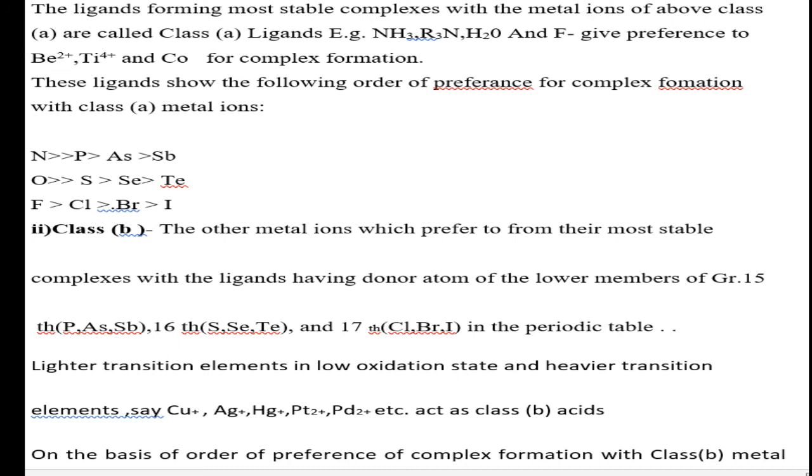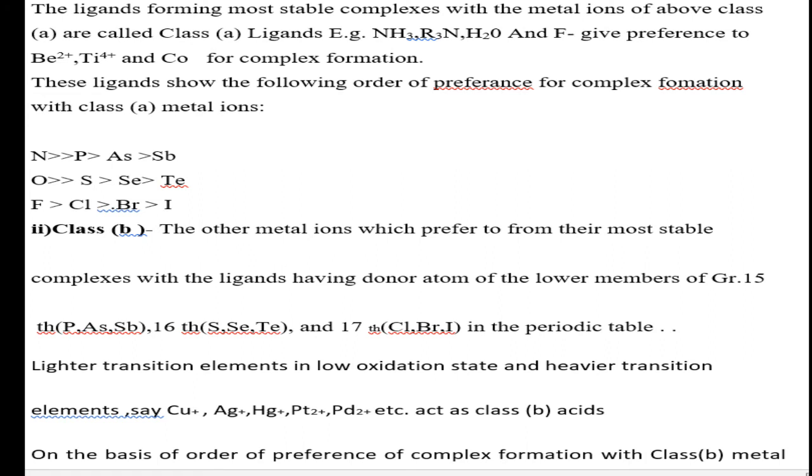Lighter transition elements in lower oxidation state and heavier transition elements, such as cuprous, silver plus, mercury plus, platinum plus 2 and palladium plus 2, etc., act as class B acids.